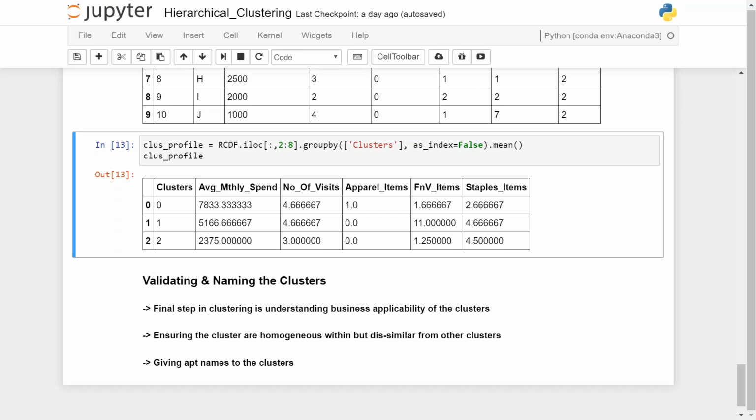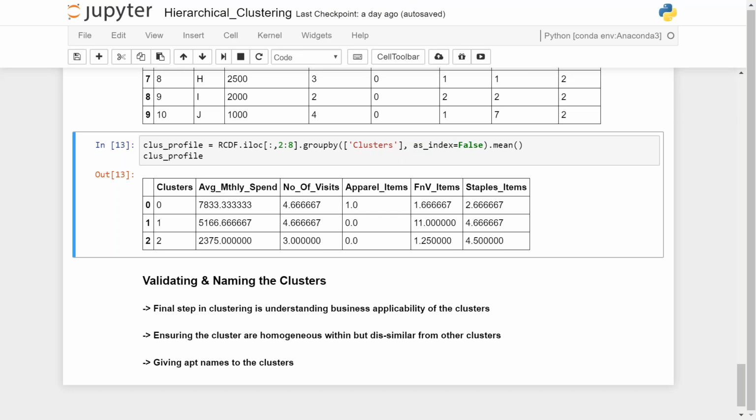For example, cluster 0 are apparel buyers, whereas cluster 1 and 2 are not. If I put on my marketing hat, and I get new fashionable designer wear and have to run a campaign and invite people, I'm not going to invite 1 and 2. I'm going to invite customers in cluster 0.